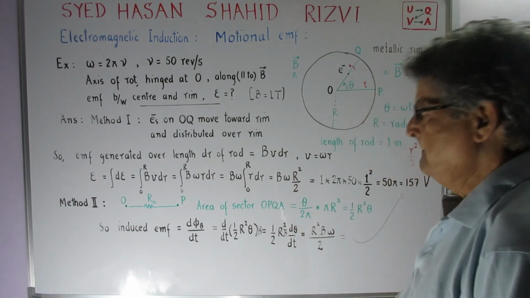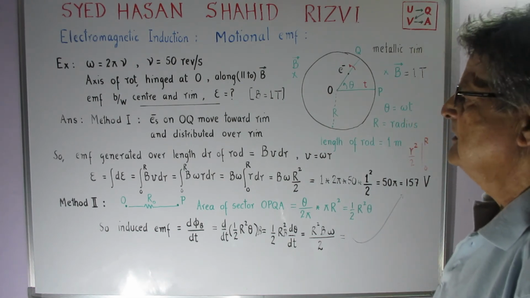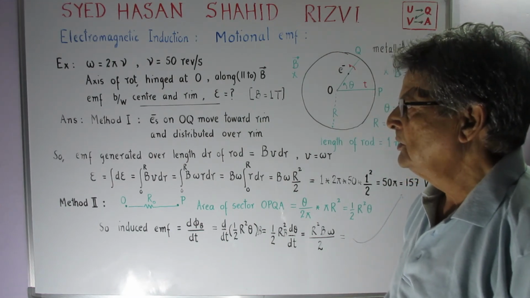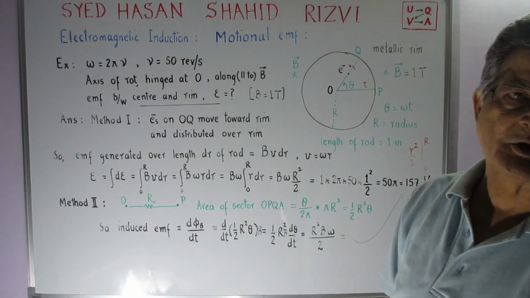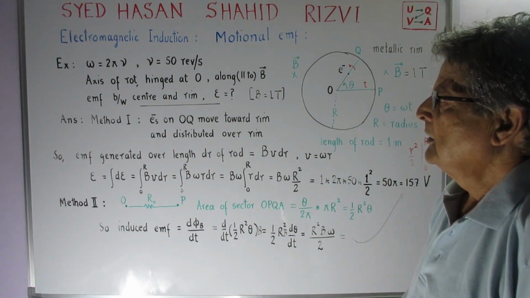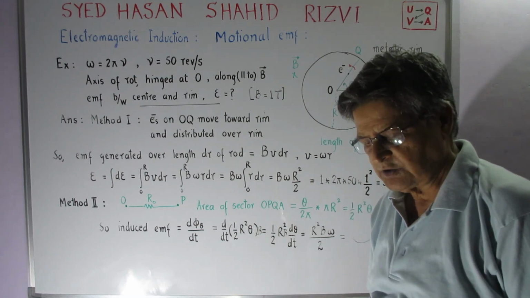So I stop here, and in the next outing we will talk about the energy and power considerations that are there when the EMF is generated by one means or another.